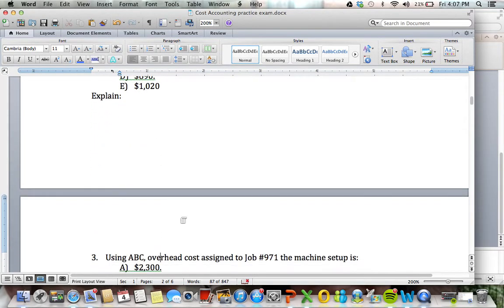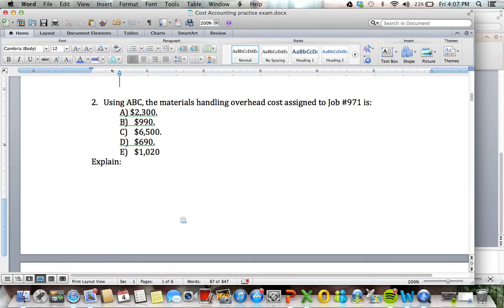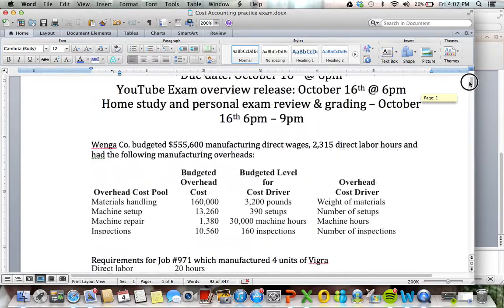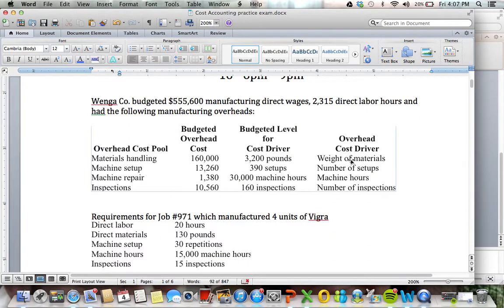So for question 2, we're moving on to activity-based costing, and we're saying using ABC, the materials handling overhead cost assigned to job 971 is... materials handling. So we're going to look back and see what's going on for materials handling. Overhead cost driver is weight of materials.